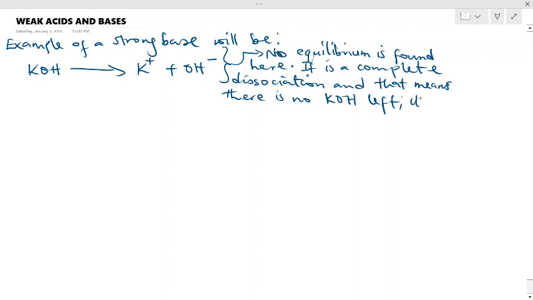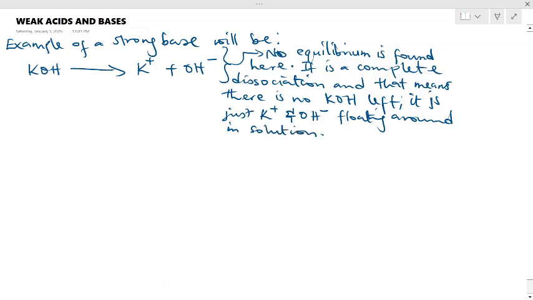What you have is just the K plus and OH minus floating around in solution.